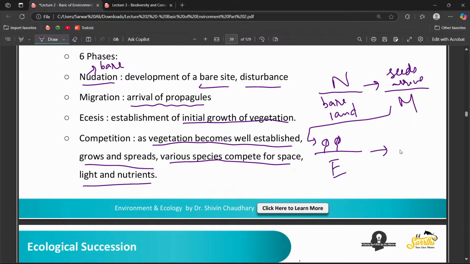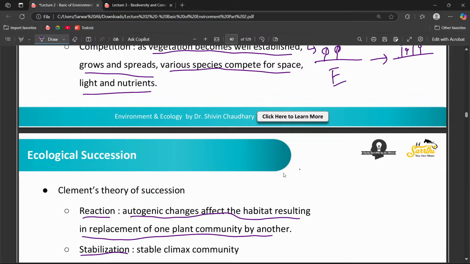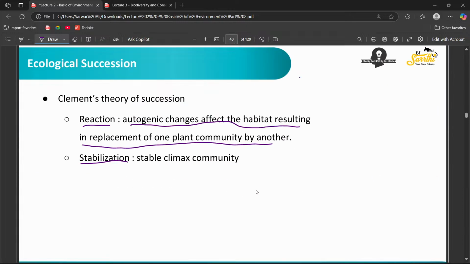Then we have competition. Some larger plants are fighting some smaller plants. There is competition between both. This is competition. Next we have reaction, autogenic changes within the community. Let's say only the tall trees have survived and the shorter trees have not, and this eventually has led to the climax community.